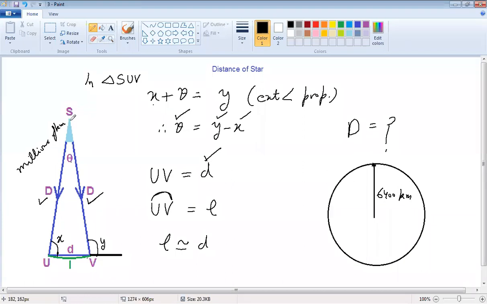So if you are drawing a circle taking S as the center and millions of kilometers as the radius, then for a small distance d on the earth, the arc and the straight distance will coincide actually. You won't be able to distinguish between the arc and the straight segment. I hope this point is clear.